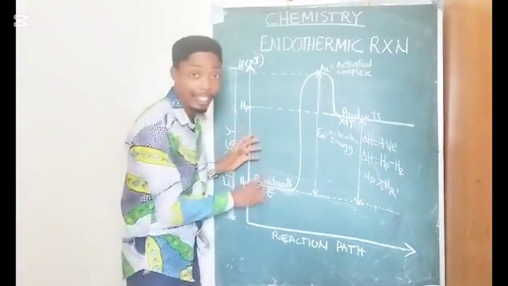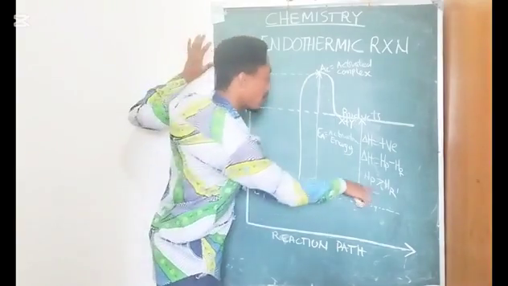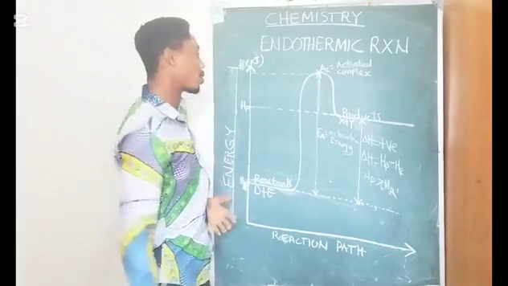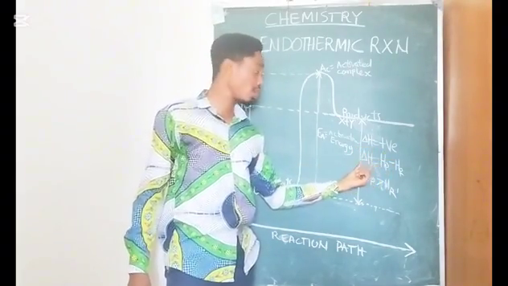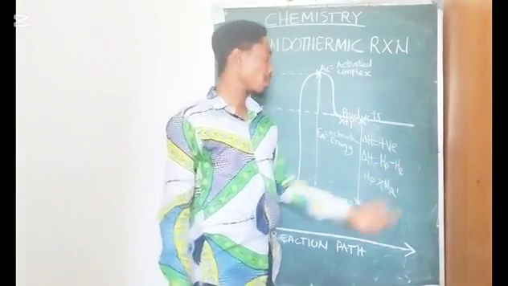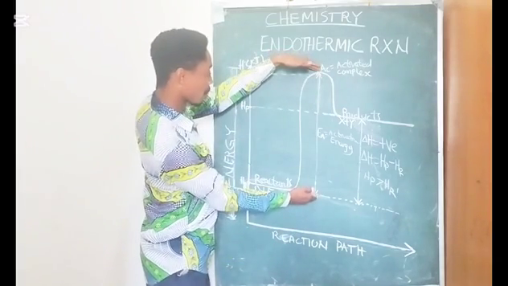The heat content of the product is greater than that of the reactants, so the enthalpy change is positive, because enthalpy change is heat content of products minus HR.